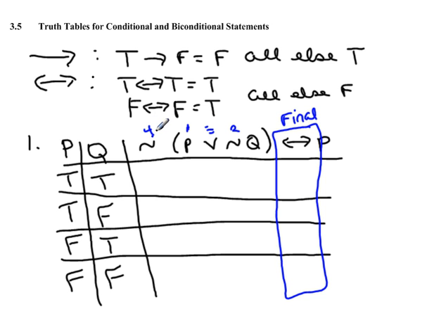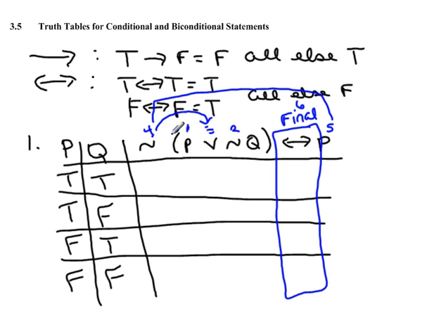And the negation will be based on whatever we write for column 3. Then we've finished the left side, so the only thing on the right side of the final is column P, which is 5, and then of course the last thing is column 6. To get the final, we'll look at the most dominant, or the last thing we did on the left, which is column 4, and the last thing we did on the right, which is the only thing we did, column 5. Okay, so let's start filling it in.